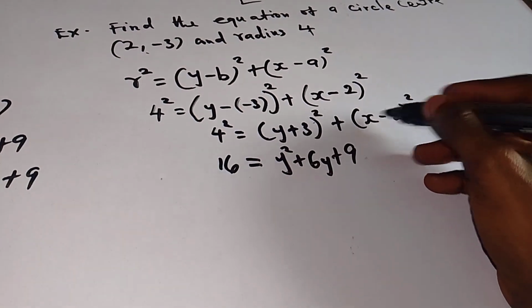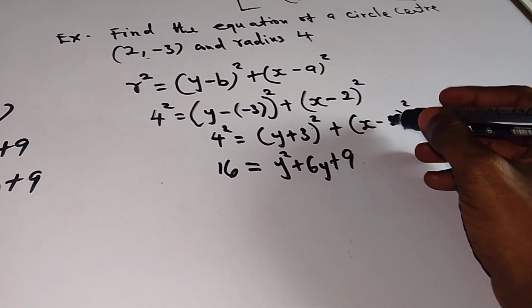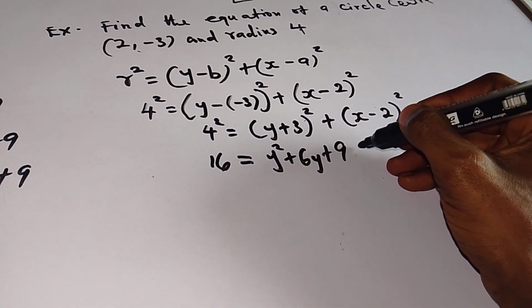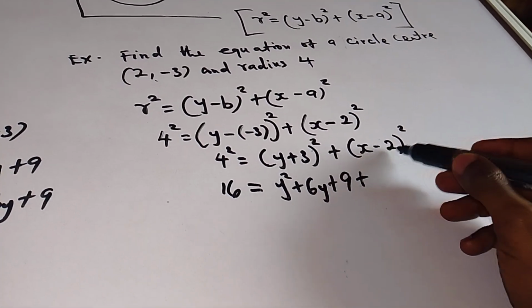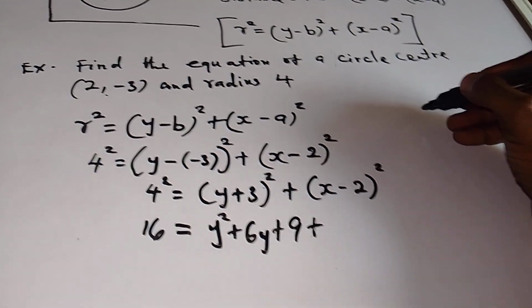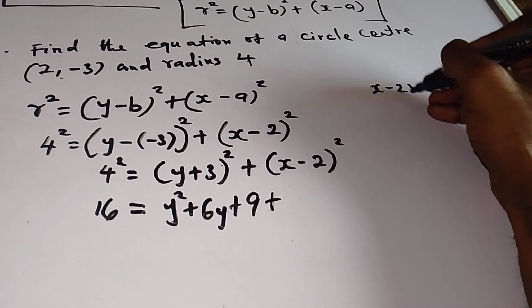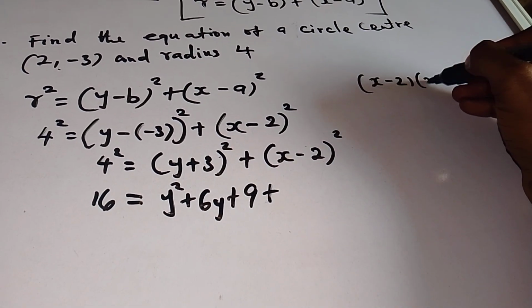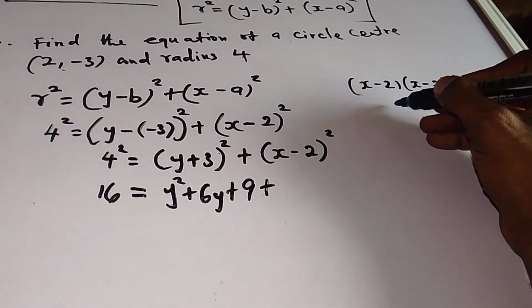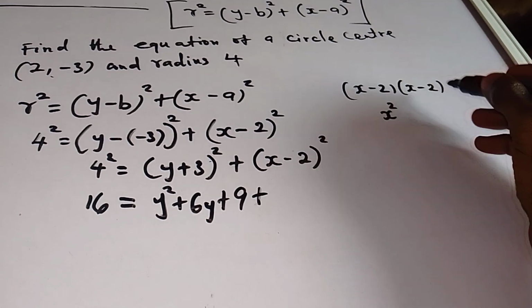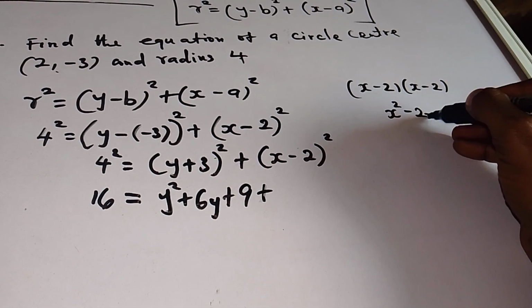Then we do the same thing to this other bracket. (x minus 2) squared is (x minus 2) times (x minus 2). X times x is x squared. X times minus 2 is minus 2x.